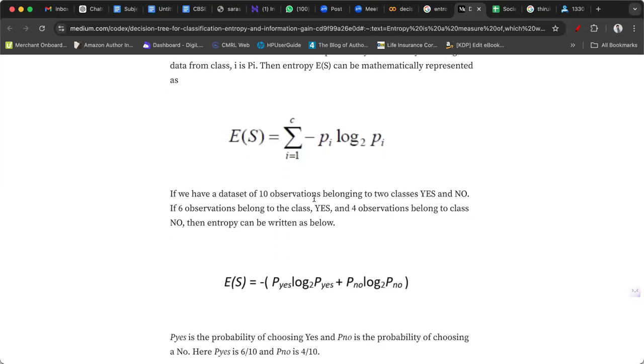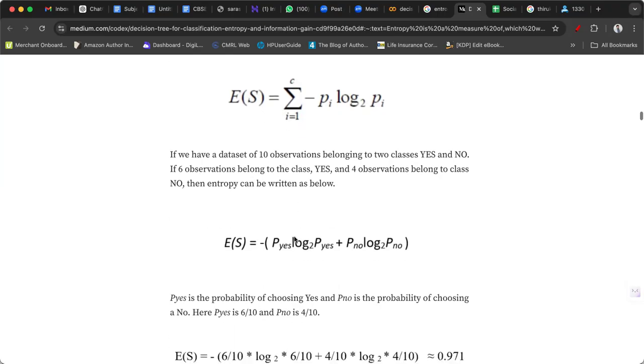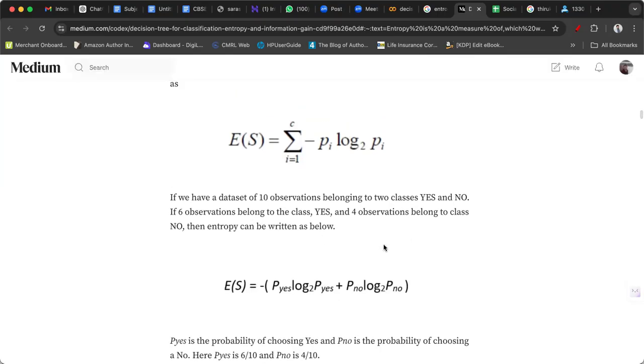So if we have a data set of 10 observations belonging to two classes, yes and no, if 6 observations belong to the class yes and 4 observations belong to the class no, then entropy can be written as follows. Just for the understanding of this math, to follow this rule.